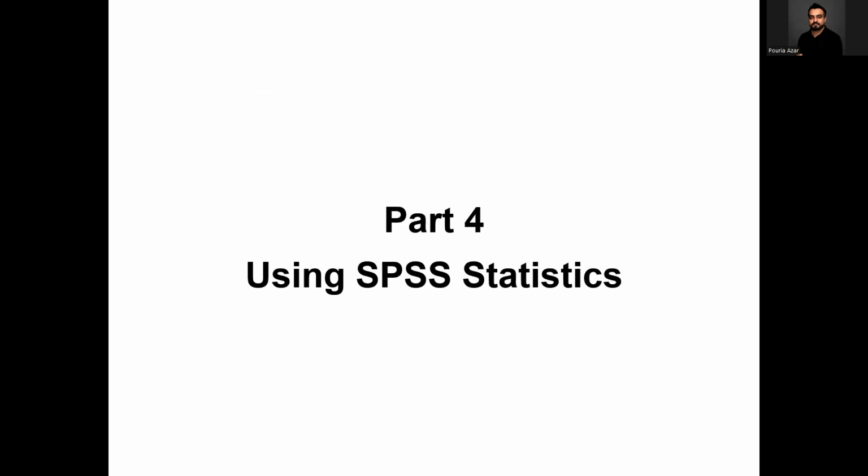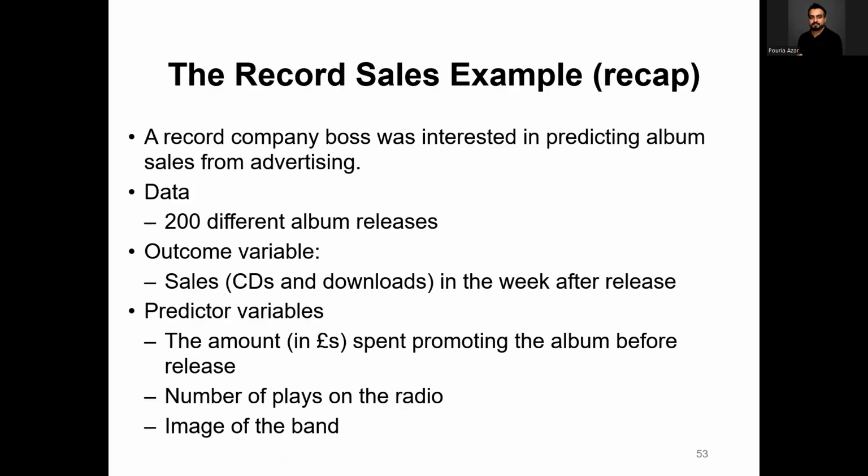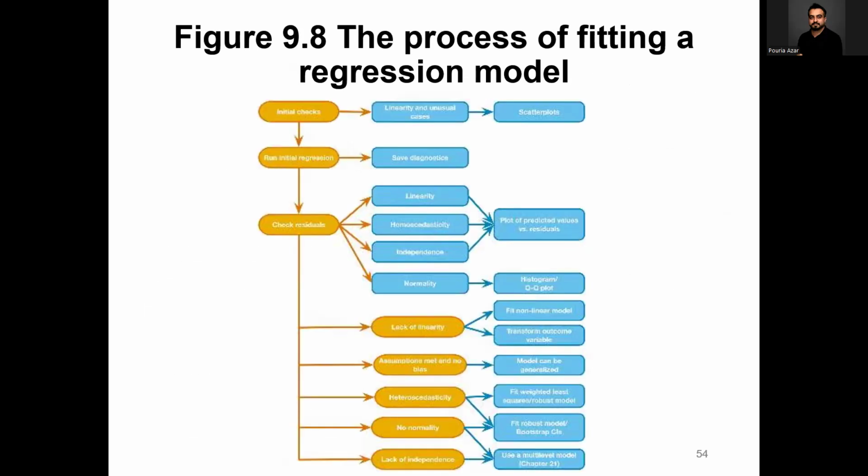So here is how we can use SPSS in regression. This is the example from your textbook. Again, our sample size is 200. The outcome variable is sales in the week after release, and we have three predictors or independent variables.